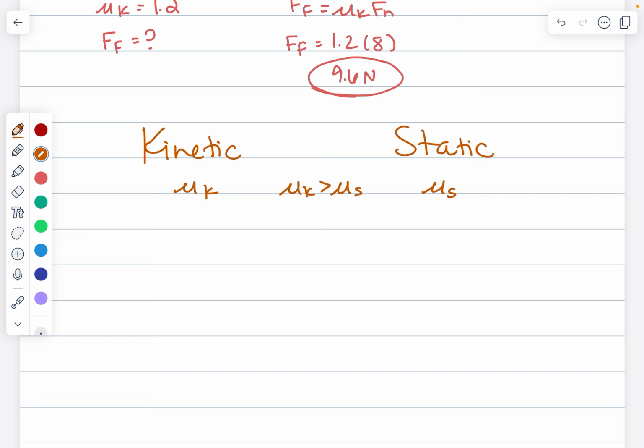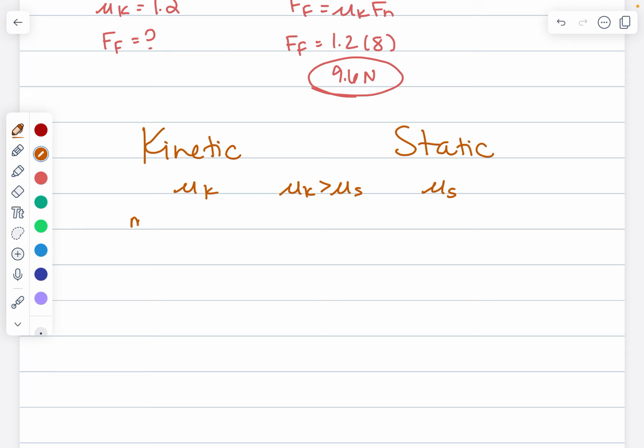On an atomic level, static friction is larger because those molecules have just had a lot more time to hang out together. The grooves on the tiny, tiny surfaces have gotten more interlocked as they've sat there and pressed on each other. And so it's just a little bit harder to get things to move. So US is always greater than UK.